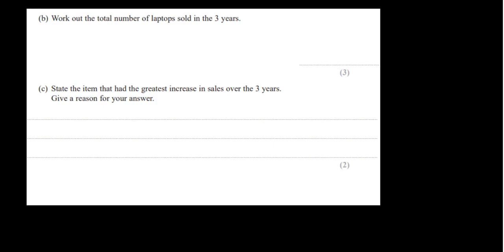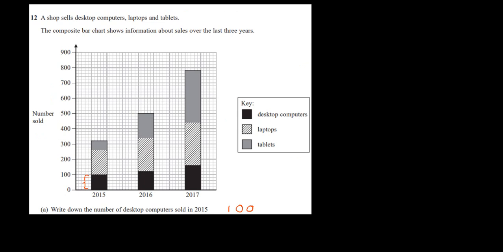Work out the total number of laptops sold in the 3 years. Let's go back. So the laptops sold in the 3 years. Which one's laptops? The diagonal lines. Whoa, drop the pen. Okay. So let's see. That's 150. So this distance is 150.